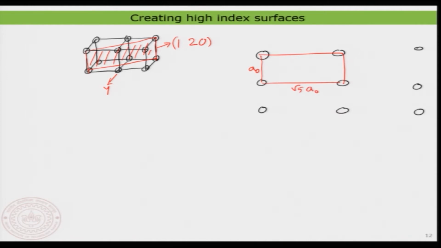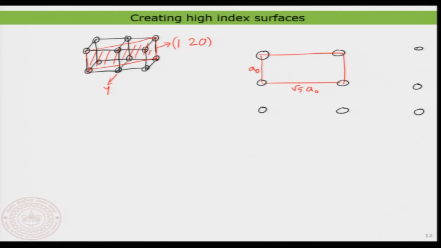A0 is the bulk lattice, and you can already see that the unit cell is much larger in certain directions depending on the index that you have added. So, this is quite an interesting surface. As you would expect, in this case the packing density of the surface is much lower than any of the surfaces that we have seen in the previous class.